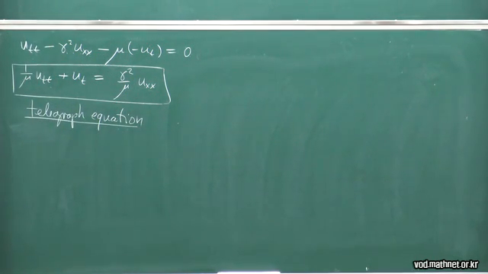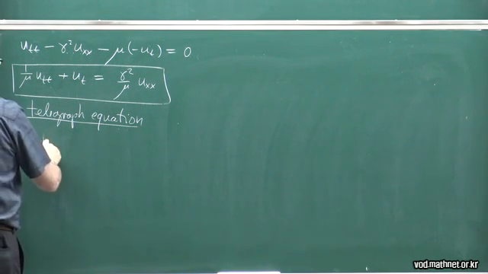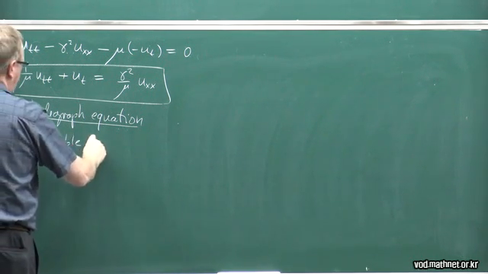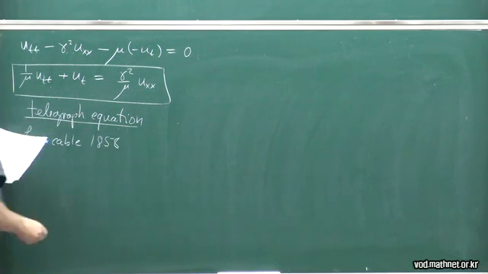Now the Telegraph equation has a very interesting story as well. It has to do with the first transatlantic cable, which was laid from Ireland to Canada to transport signals through the Atlantic through a cable. And then the first cable, which they laid in about 1858, was basically just a long cable.